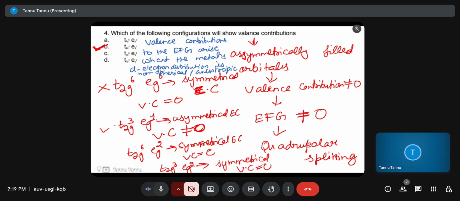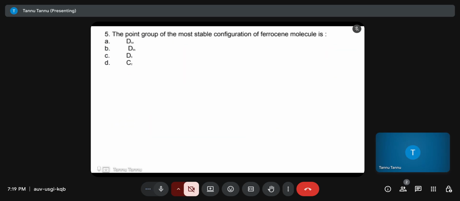Okay. The next question is, the point group of the most stable configuration of the ferrocene molecule is.